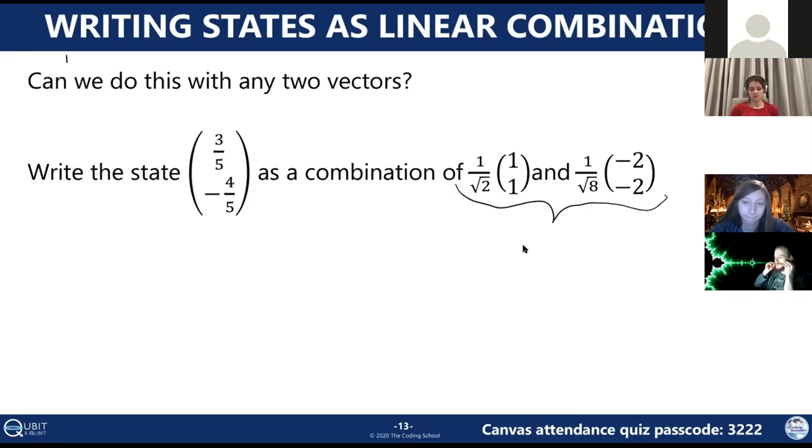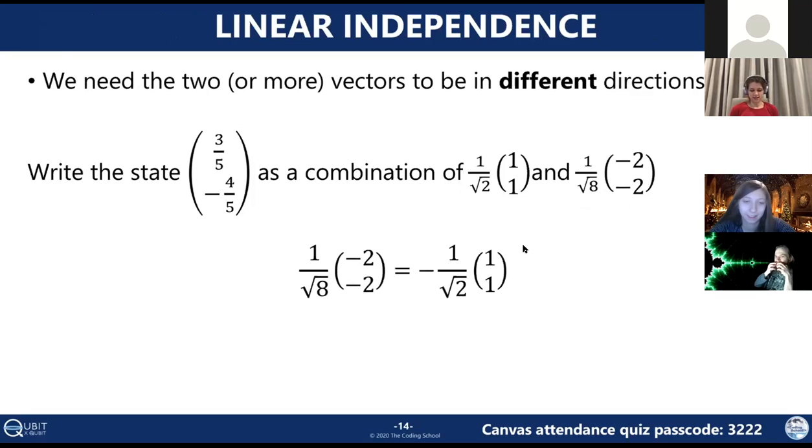No answers? Well, this was a trick question because they're in the same direction. And you can see this if you plot it out. Even though this is negative, you could write this instead as -2 over square root 8, 1, 1. And then it's in the same direction. It's not actually equal.